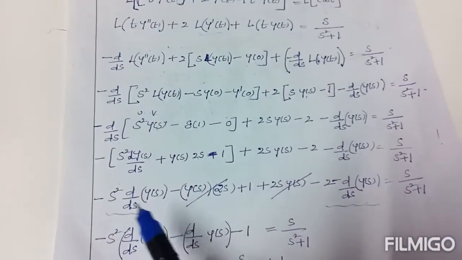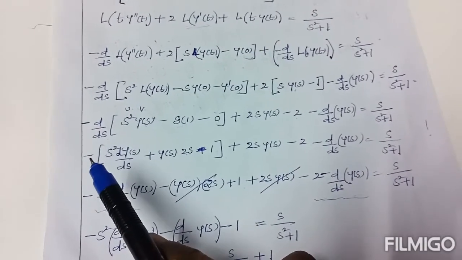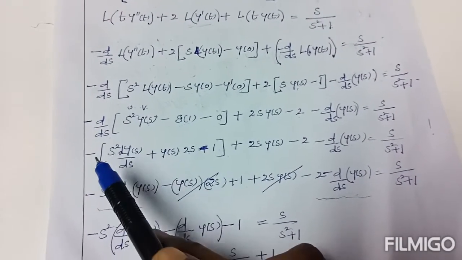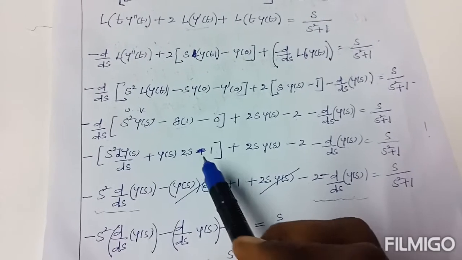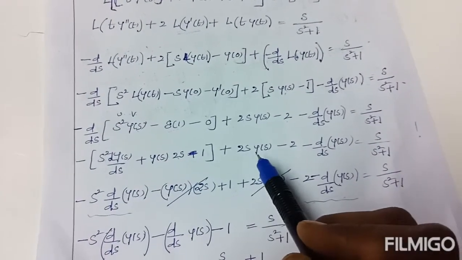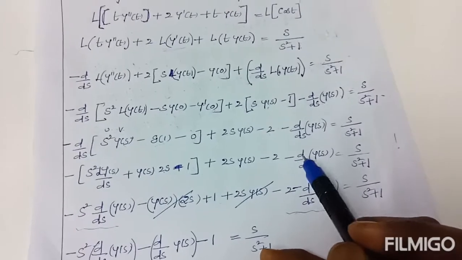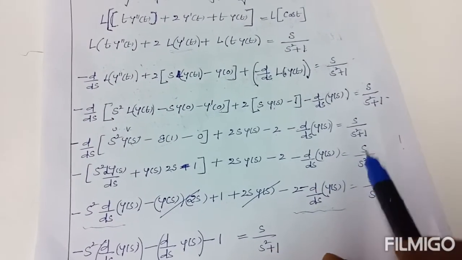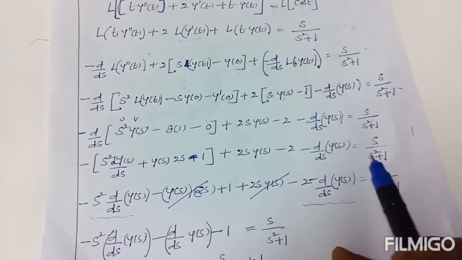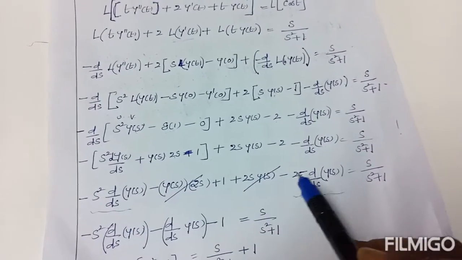After that, just open the brackets here, minus of first term, minus of second term, minus of minus is plus 1, plus 2s y of s minus 2 minus 2 d by ds of y of s equal to s by s square plus 1. This is the step.